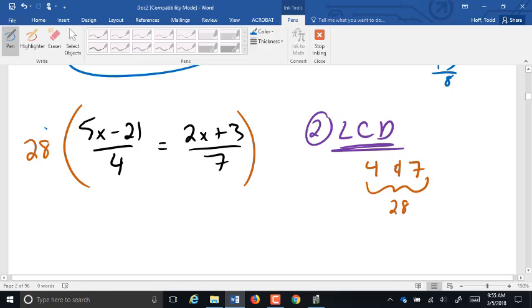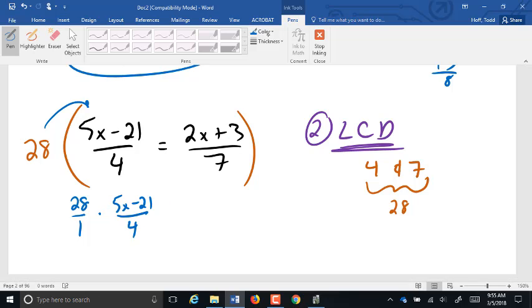So the 28, multiplying the first piece here, that's 28 over 1 times 5x minus 21 over 4. Now, we're going to treat this as though there's parentheses around the top of this, and you'll see why in just a moment.